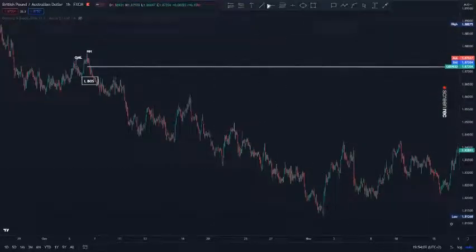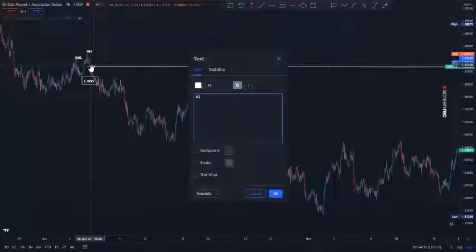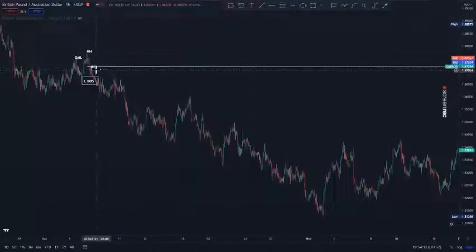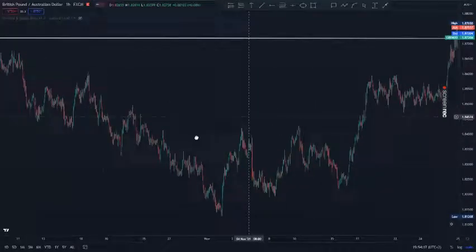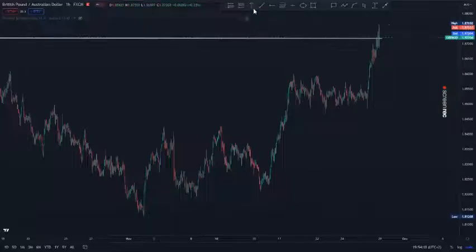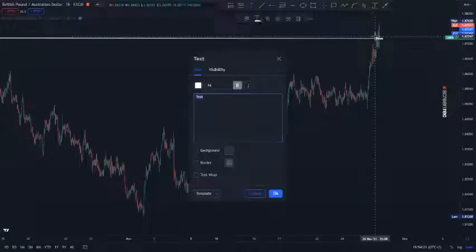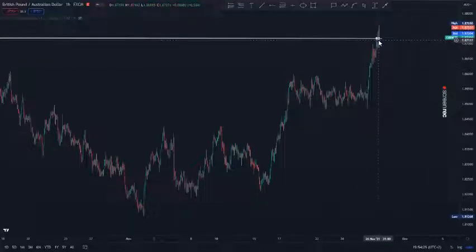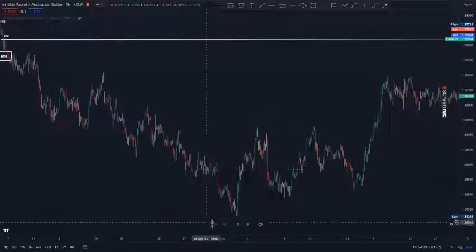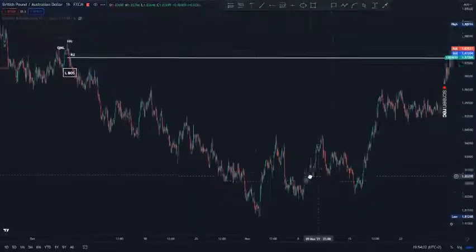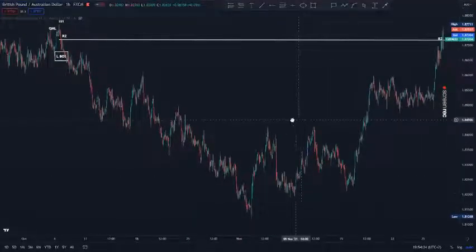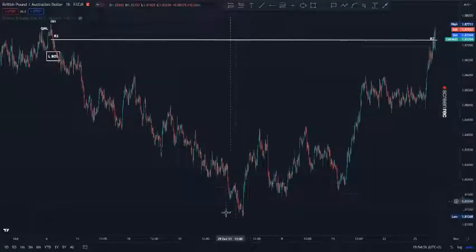So right here, I had my R1, and then I had my R2 right here. What you're going to realize is that my setups are quite similar. That tells you that I follow a specific strategy. Either it's there or it's not there, and if it's not there, I'm not taking the trade.